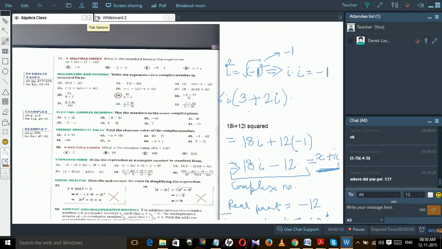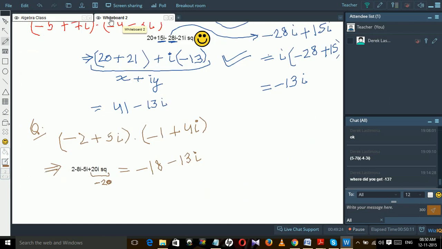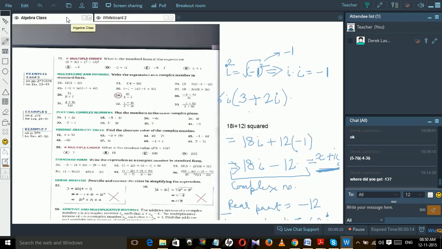So the more you practice, the easier it looks. Your calculation will also be much faster. Okay, is this clear? We have an interesting question next.